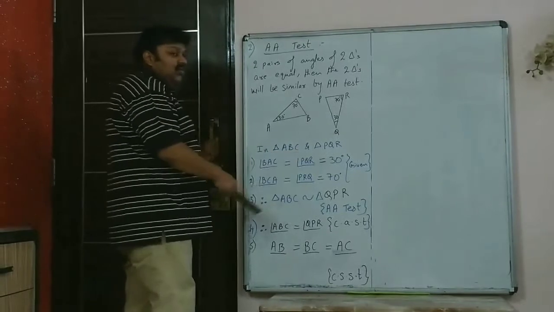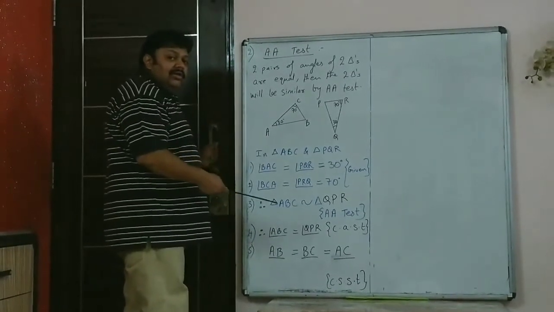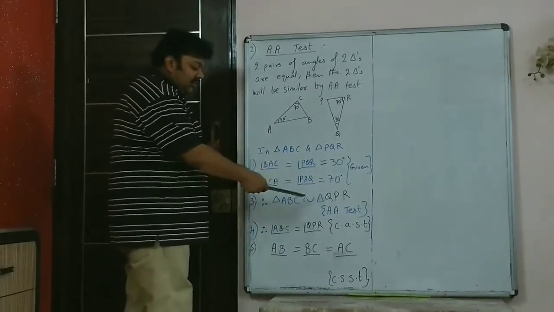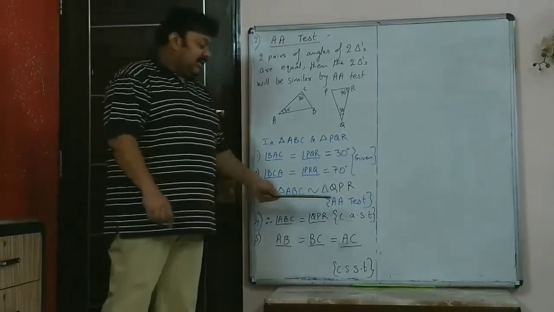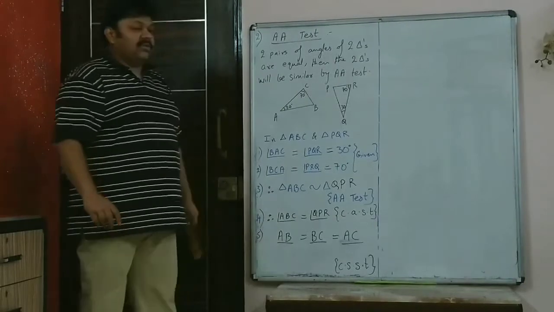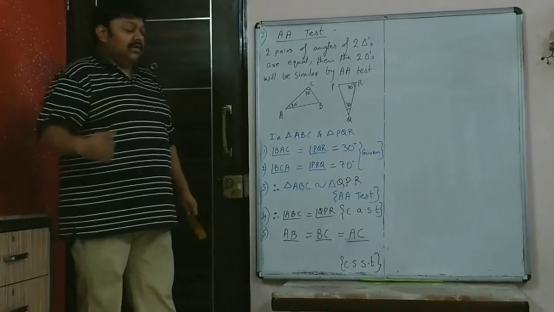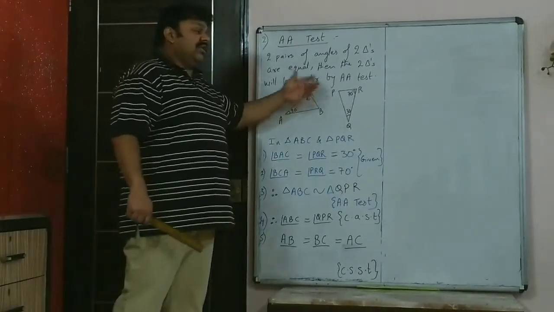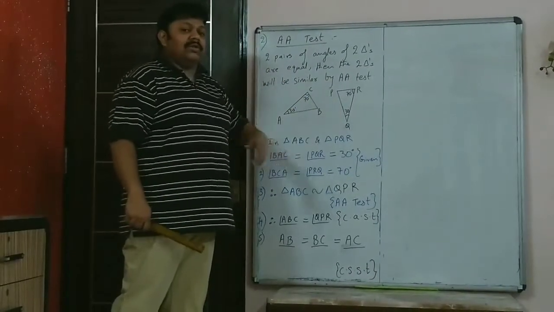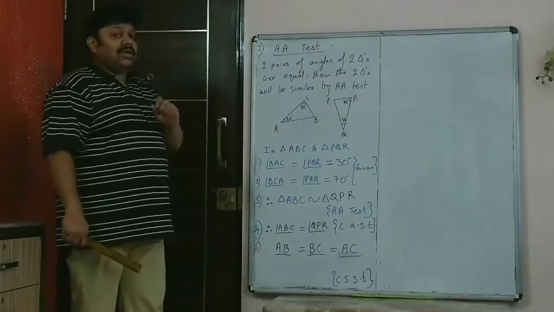So since you have two pairs of angles of the two triangles equal, therefore you will say that the two triangles are similar by AA test. So the second test of similarity is AA test. Now this is the most simplest test of similarity, and usually in the board exam something very simple is asked. But now here you have to be careful.